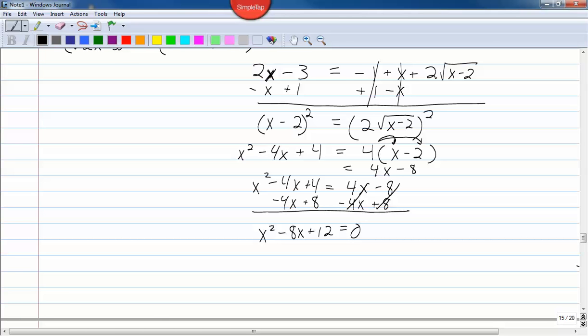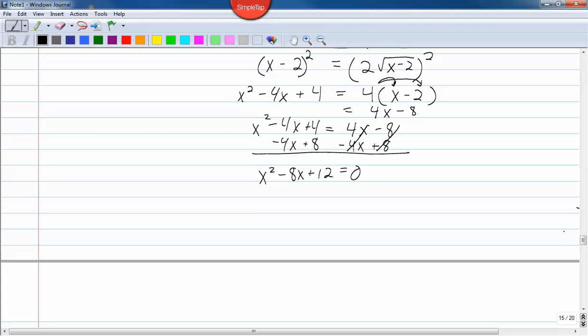Now you can solve this by any method you want, but I would first try by factoring because the majority of these will factor. So x. Alright, I want to get a negative 8 when I add the two outer and inner terms together, and I want to get a positive 12 when I multiply. So we have 1, 12, 2, 6, 3, 4.